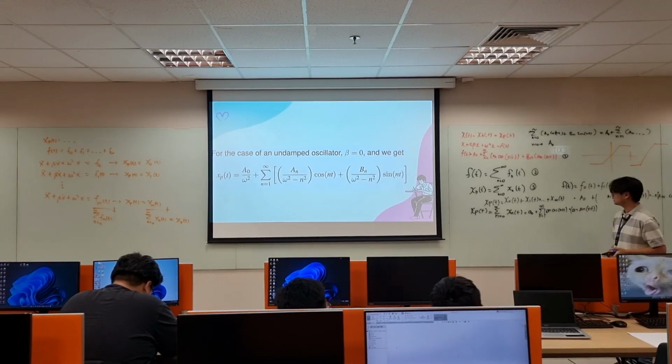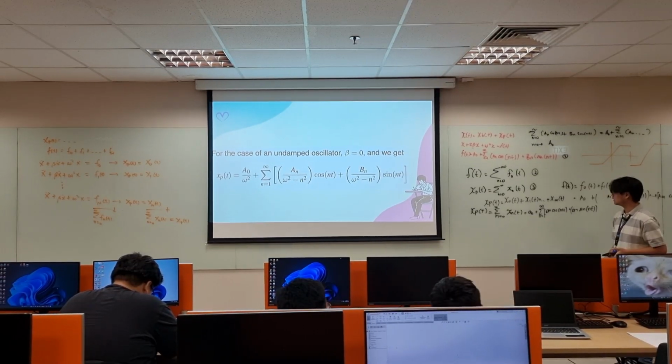Sin nt. Okay. So each of the xn you substitute it here, and then you equate the cosine term and the sine term constant, because this one has sine also and cosine also. Eventually, we will have a big term multiplied by cosine nt plus a big term multiplied by sine nt, and that is equal to this one. So this big term will be your an, and that big term will be your bn.